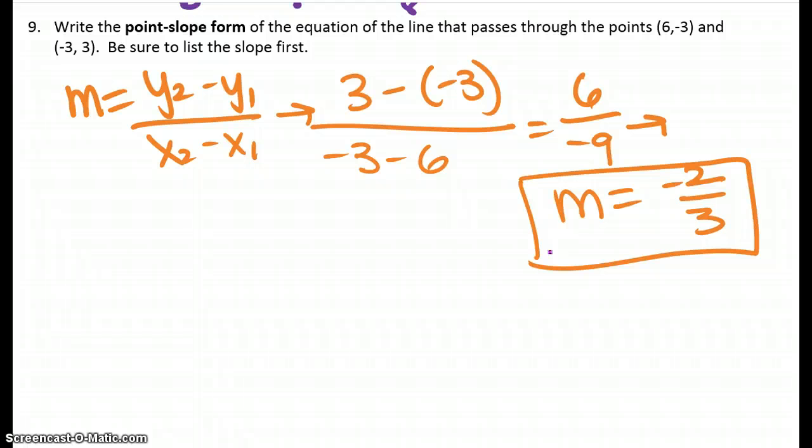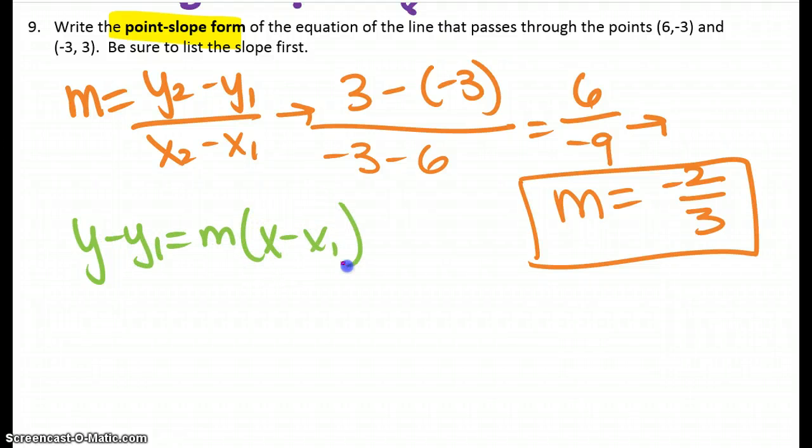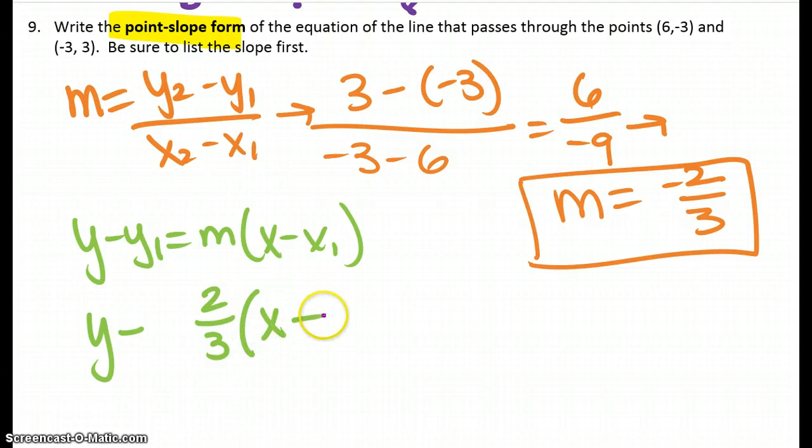Now I just need to write this in point-slope form. Okay? So this is y minus y1 equals m times x minus x1. So I know my slope is -2/3. I know it's going to be y minus something and x minus something. Right? Pick one of these points up here. I don't care which one because they both each have a negative sign.